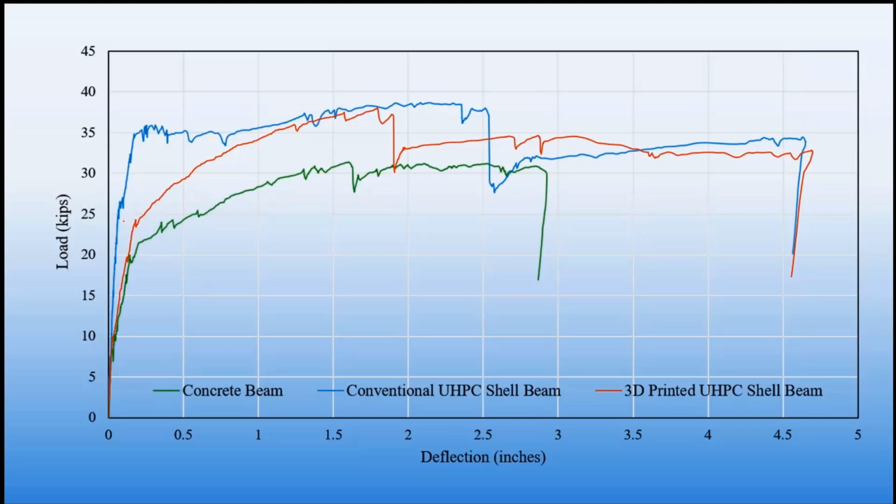The conventional one, the UHPC shell using just cast in place, is that blue line, and the 3D printed one is this right here. So we do see, even with section printing, a little bit lower stiffness and then lower capacity, but it works fairly nicely.